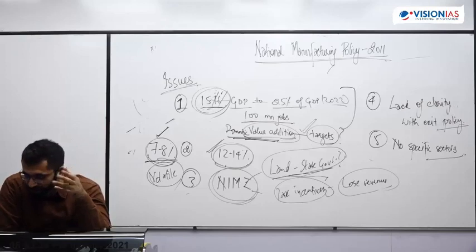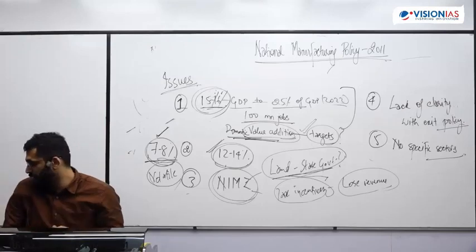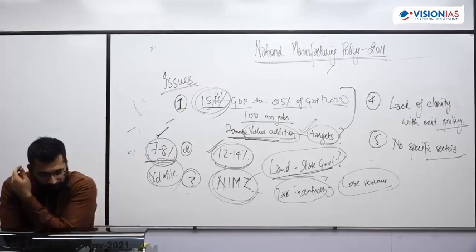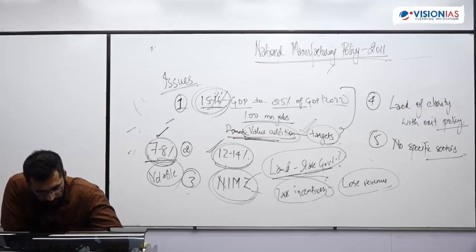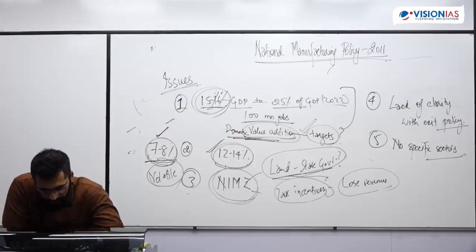The policy objective of achieving 12 to 14% growth is flawed in its arithmetic, or is flawed in its approach, you can write.